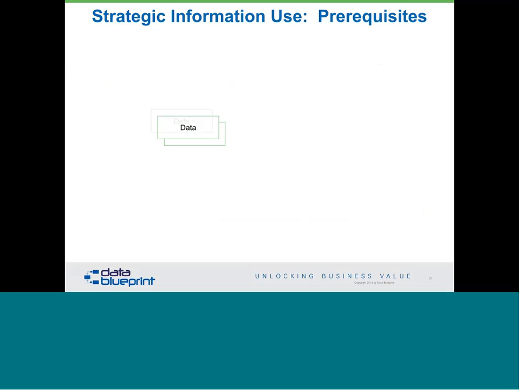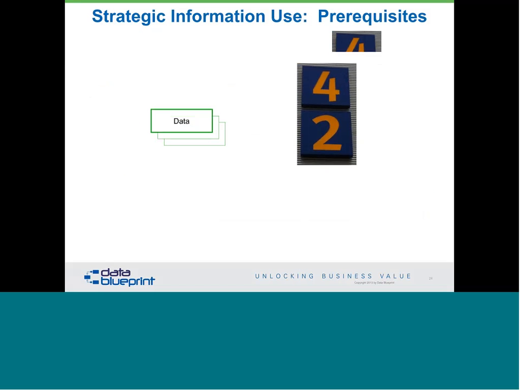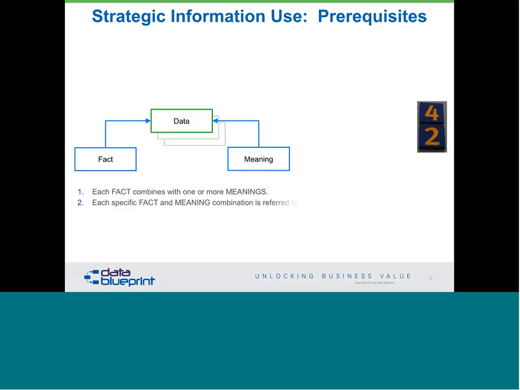Most people are aware that data is a combination of a fact and a meaning. If I give you the number randomly, 42, it's not a very helpful number. If I tell you it's the meaning of life, the universe, and everything, you may chuckle a little bit and say, oh yes, I read that book too. It was The Hitchhiker's Guide to the Galaxy by Douglas Adams.